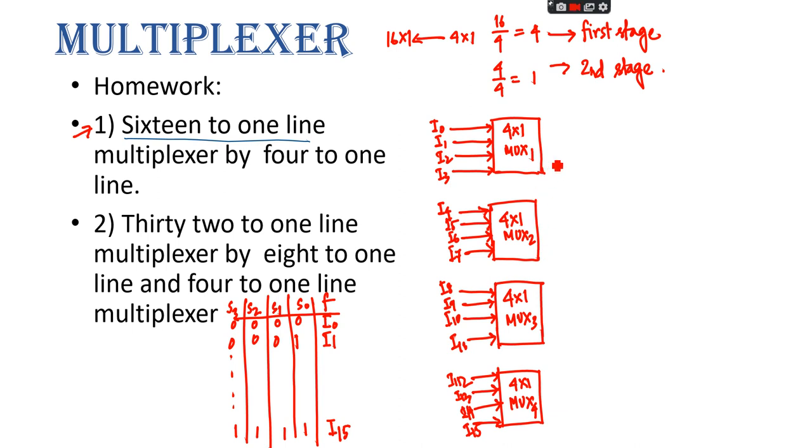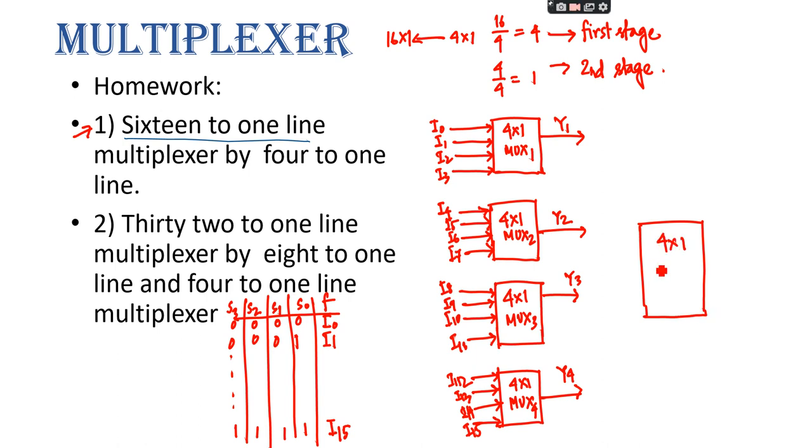Now, this output should be Y1. This output should be Y2. This output should be Y3. And this output should be Y4. These 4 outputs should come to another 4 into 1 multiplexer, MUX 5.